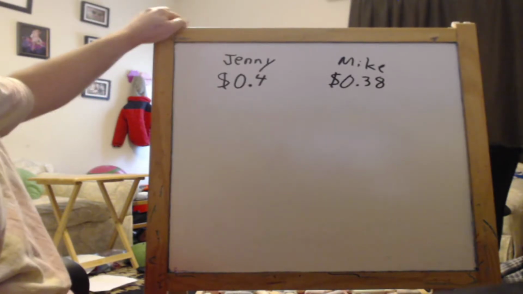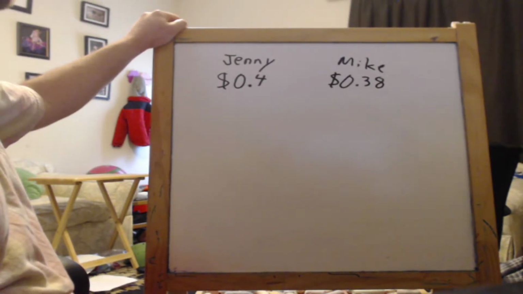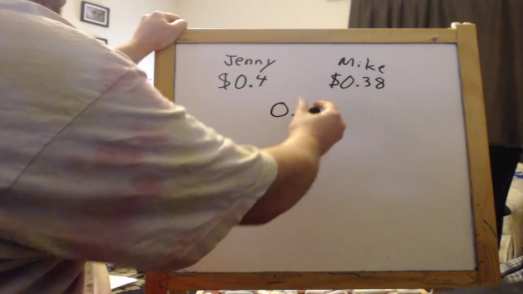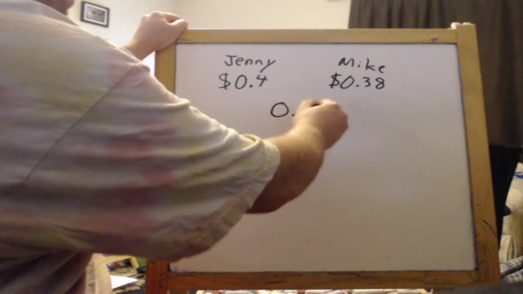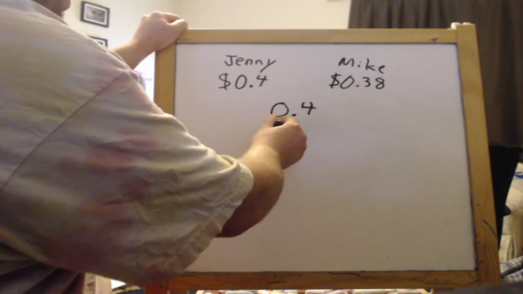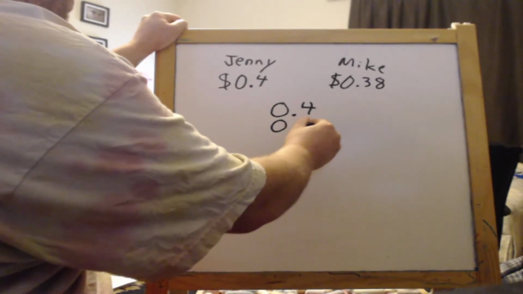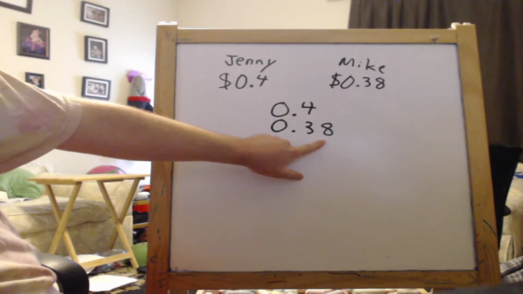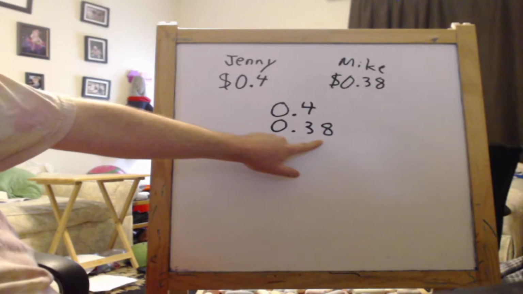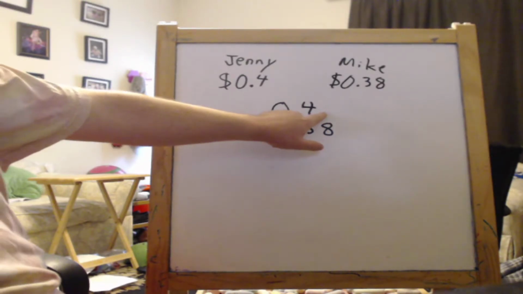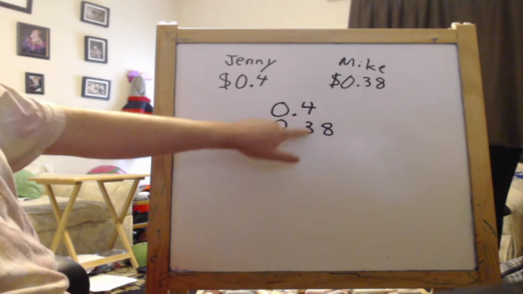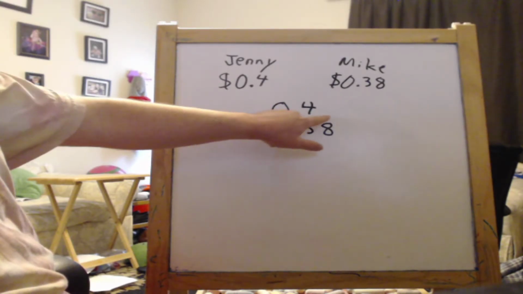The easiest way to compare decimals is to line them up. And since this is 38 hundredths, what we want to do is add zeros, since there aren't the same amount of numbers after the decimal place.